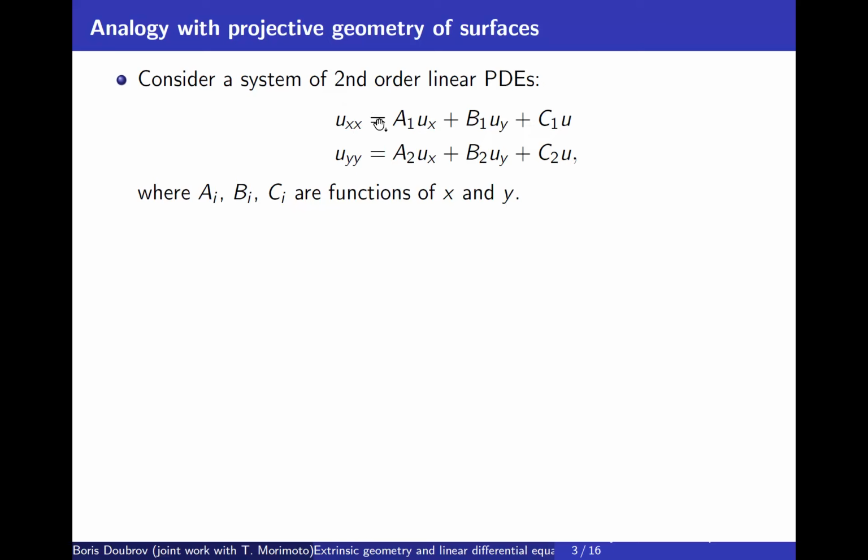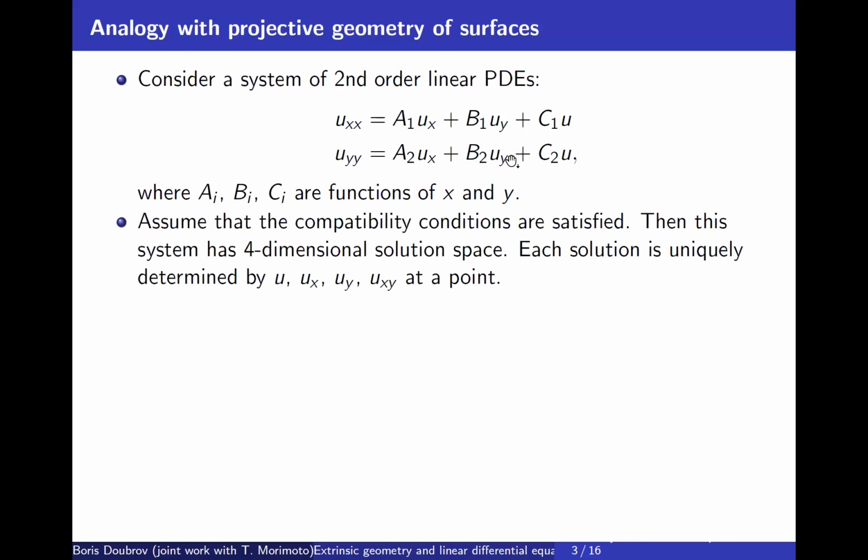If our surface, and this is a general assumption during the talk when I speak about projective surfaces in P3, I always assume that they have a non-degenerate second fundamental form of indefinite signature (1,1), then one can bring the equation on the radius vector to this particular form, where the a_i's, b_i's, and c_i's are certain functions of x, y. x, y are coordinates on our surface, and these are asymptotic coordinates in this case.